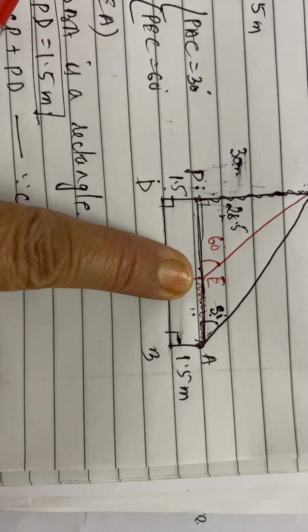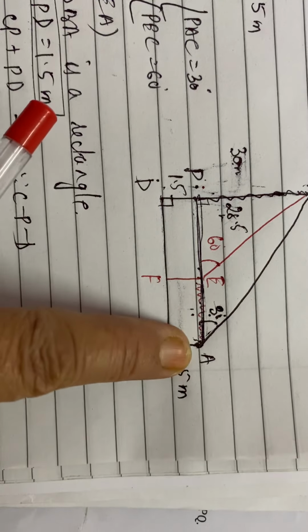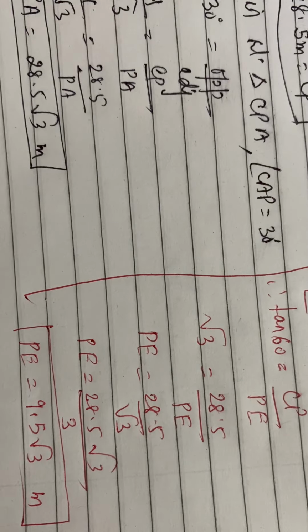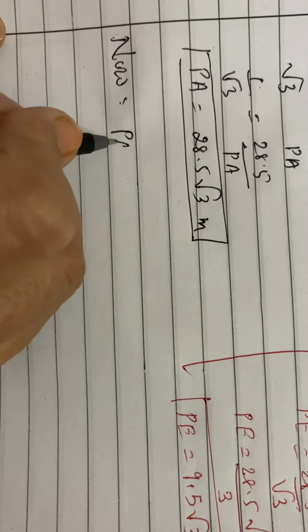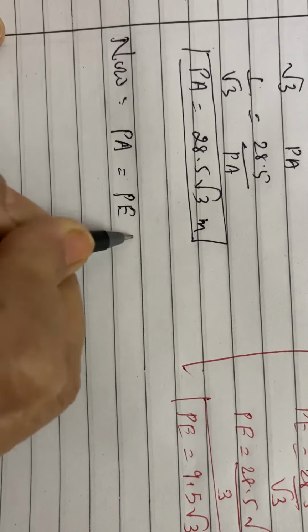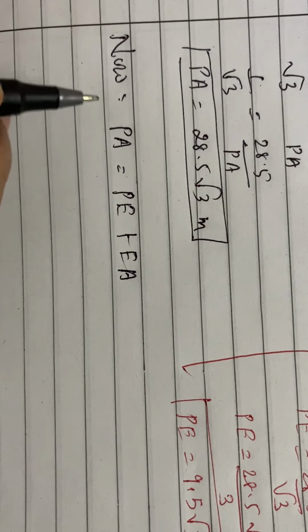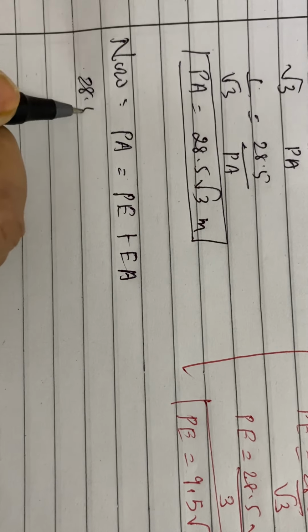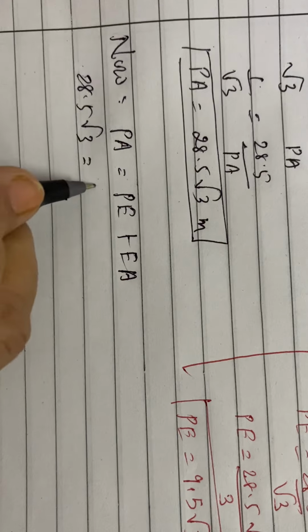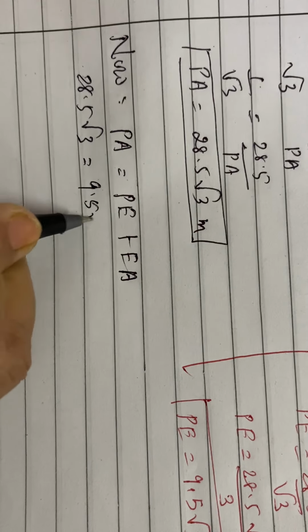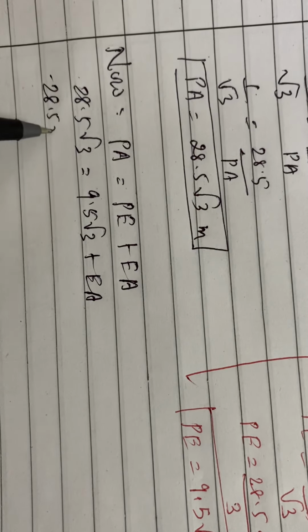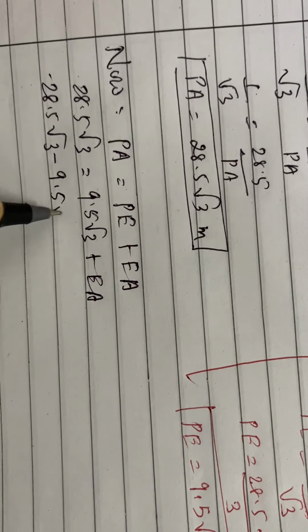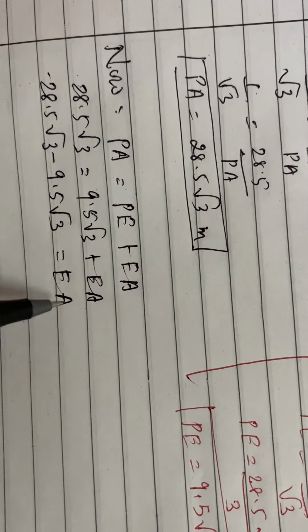Now we have length PE, we have length PA, we need to find EA. So how do we write it? PA is equal to PE plus EA. PA is 28.5 root 3. PE is 9.5 root 3. EA you have to find out. So 28.5 root 3 minus 9.5 root 3 is your EA.